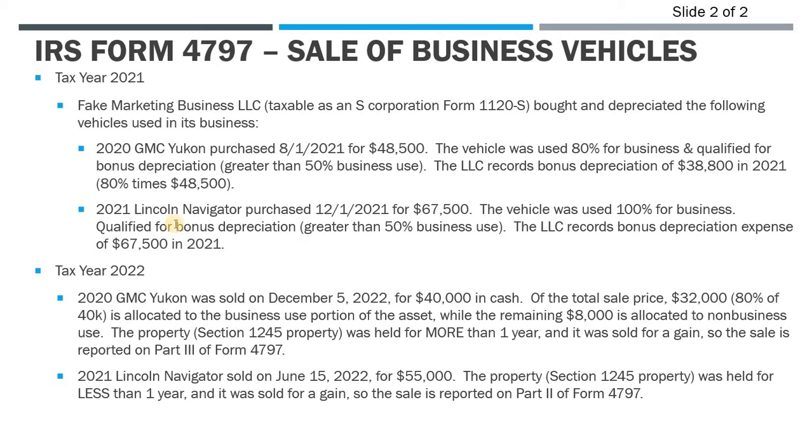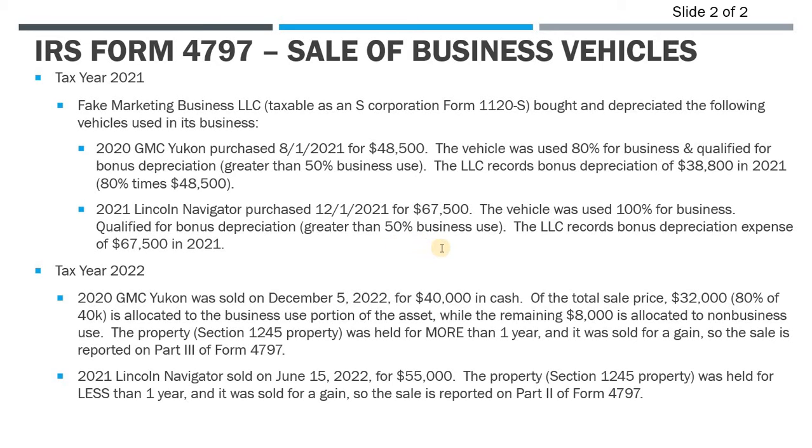Now the other vehicle we bought was a 2021 Lincoln Navigator. We bought that on December 1st, 2021 for $67,500. And this one we did, in fact, use 100% for business, so there was no non-business use. Again, we qualified for bonus depreciation because it's greater than 50.